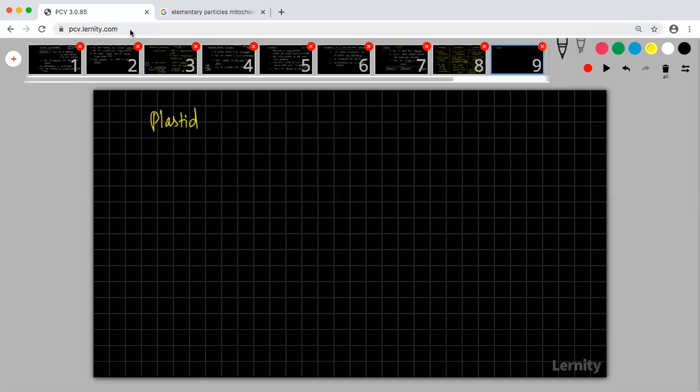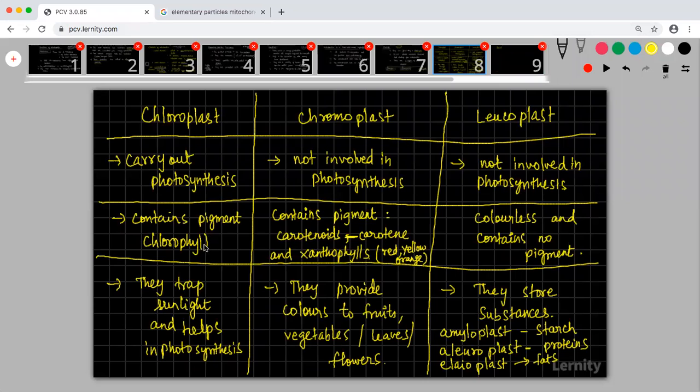Chromoplast is a plastid that contains carotenoid. Carotenoid is a pigment which is present in a plastid that is called chromoplast. Similarly, please understand that chlorophyll is a pigment that is present in a plastid that is called chloroplast. Okay, chloroplast, chromoplast, leucoplast are all types of plastids.